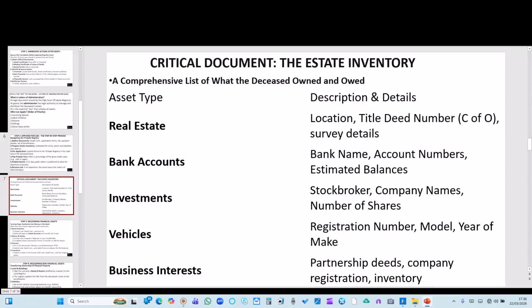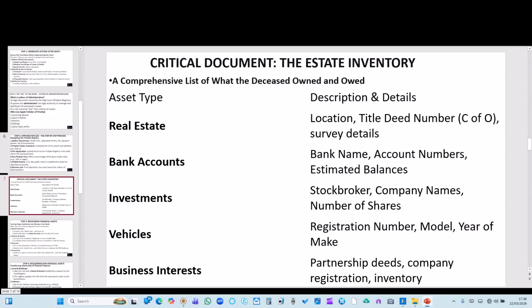Having known that, let us look at a critical document, the estate inventory, a comprehensive list of what the deceased owned and owed. We have types of assets. Real estate, with location, title deed numbers, C of O, and survey details. Bank accounts, with bank name, account number, and estimated balance.